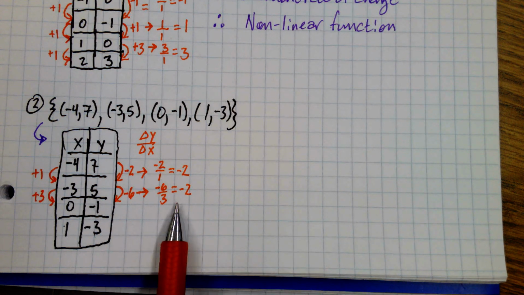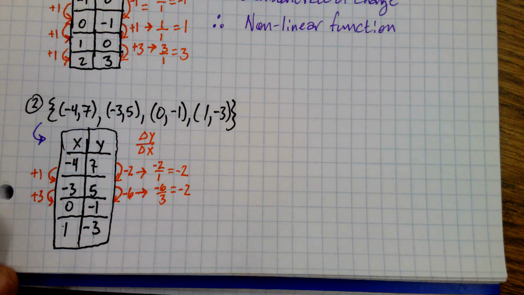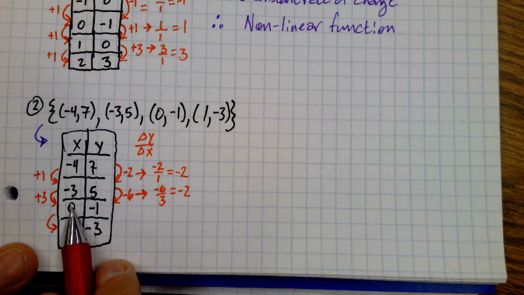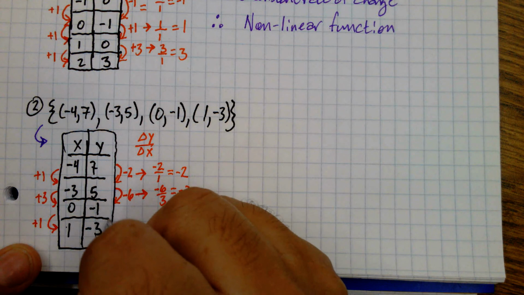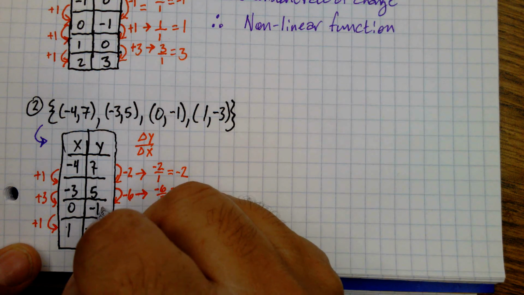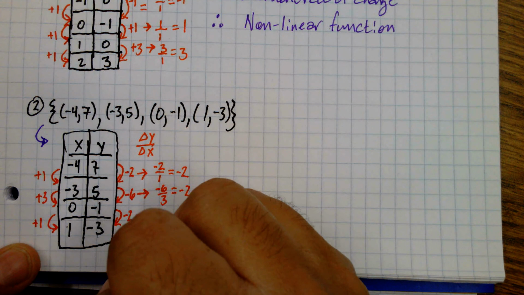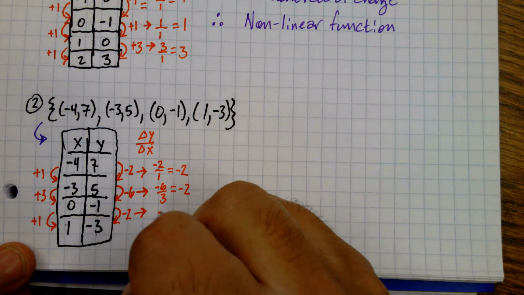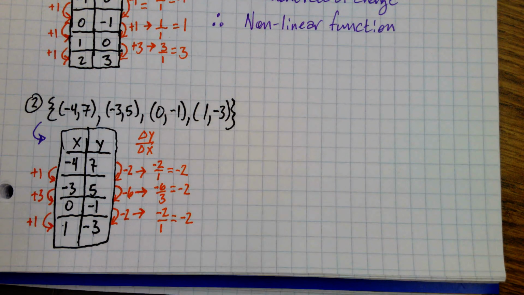We keep going. If we would have gotten a different ratio, anything but negative 2, we would stop and say nonlinear. But we keep going because, okay, 0 to 1. And then negative 3 to negative 1 to negative 3. So what's our ratio here? Which is negative 2.